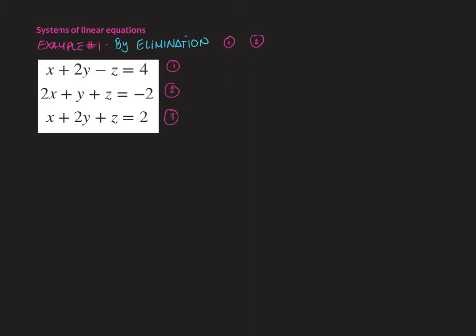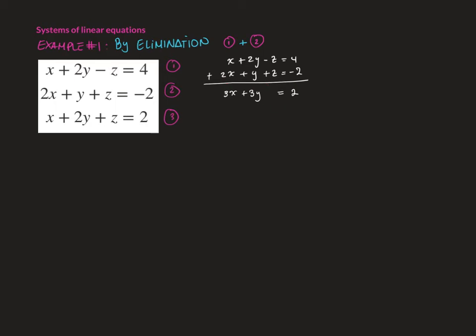Now, looking at equation 1 and equation 2, I notice that z has the same coefficient but with different sign value. So what I can do is start by adding equation 1 and equation 2 to eliminate the variable z. When I do that, I get as a result an equation in the other 2 variables x and y.